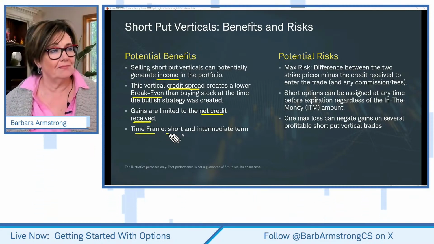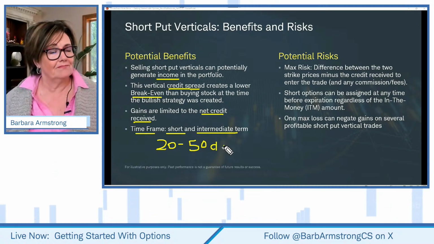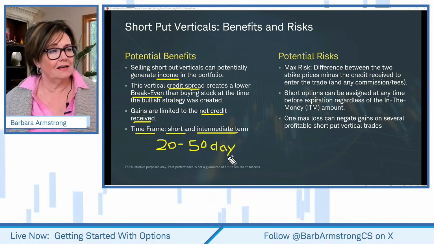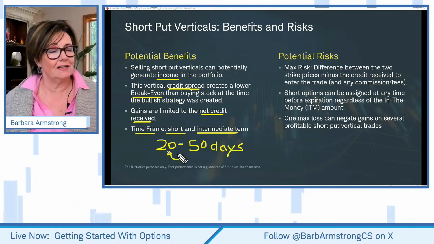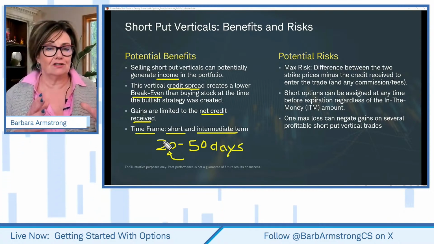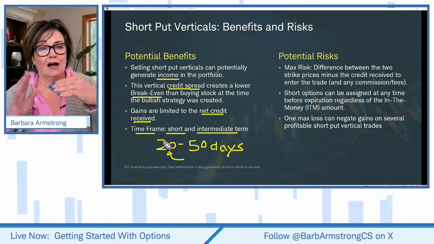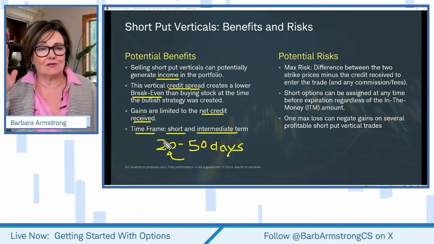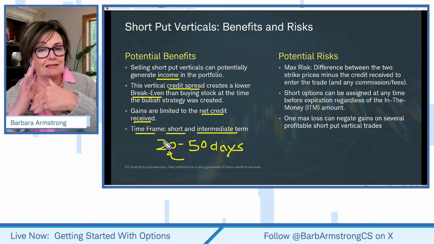And our time frame is a short to intermediate time frame, generally speaking, looking 20 to 50 days. And often in our examples, we tend to skew closer to the 20 than the 50. Now, the advantage of being closer to 20 is your time decay is going to kick in faster, because as you approach expiration, time decay accelerates.